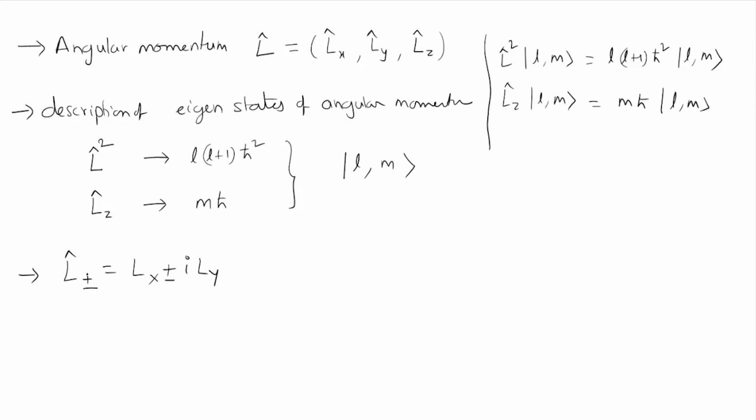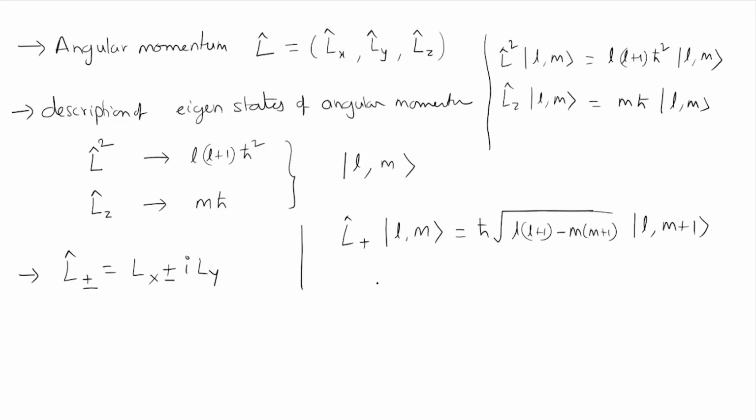So these are raising and lowering operators. If we have L plus acting on |l,m>, it gives you h cross, and there is some square root factor, the square root of (l minus m)(l plus m plus 1), and it will go to the next one in m. It rises.